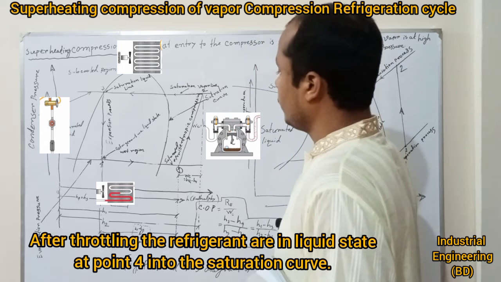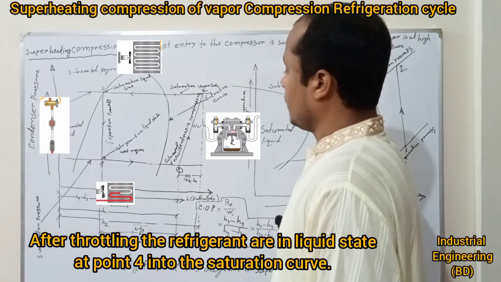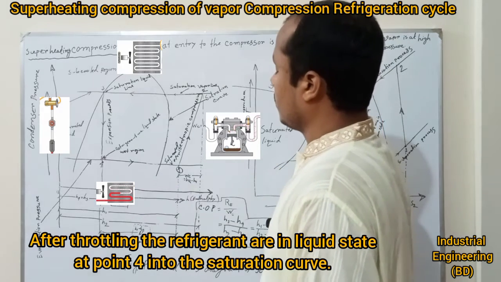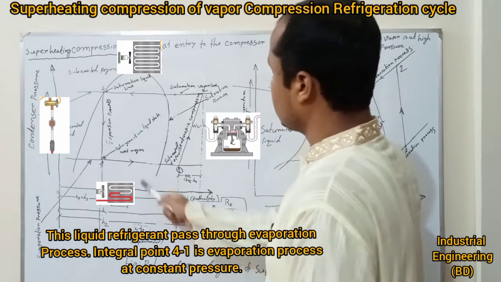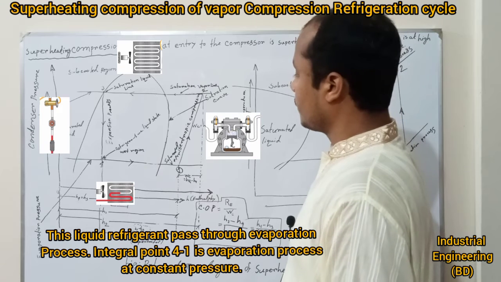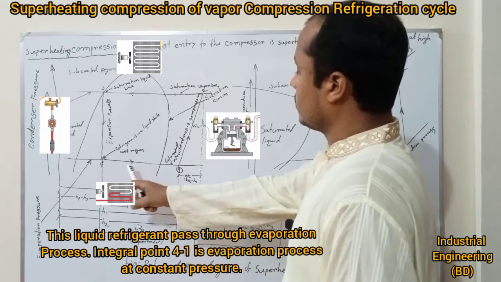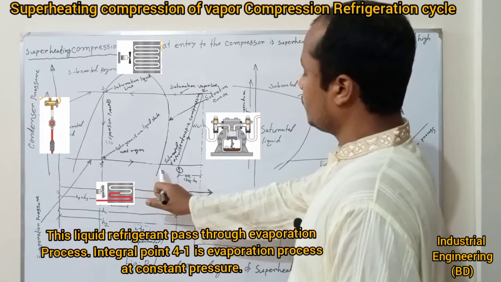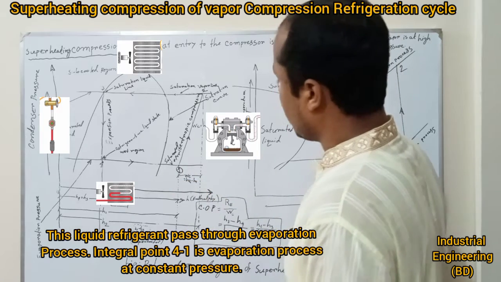Now this refrigerant is passed through the evaporation coil. Here it absorbs heat from its surroundings, producing the refrigeration effect. After the evaporation process, the refrigerant is in superheated vapor state.